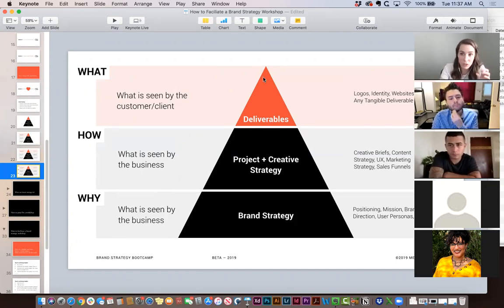And so deliverables are still important, but they need to be built on this strong foundation of brand strategy, and then building on project and creative strategy. And then you can build the right deliverables instead of just building something and then realizing it disconnected from the very beginning.